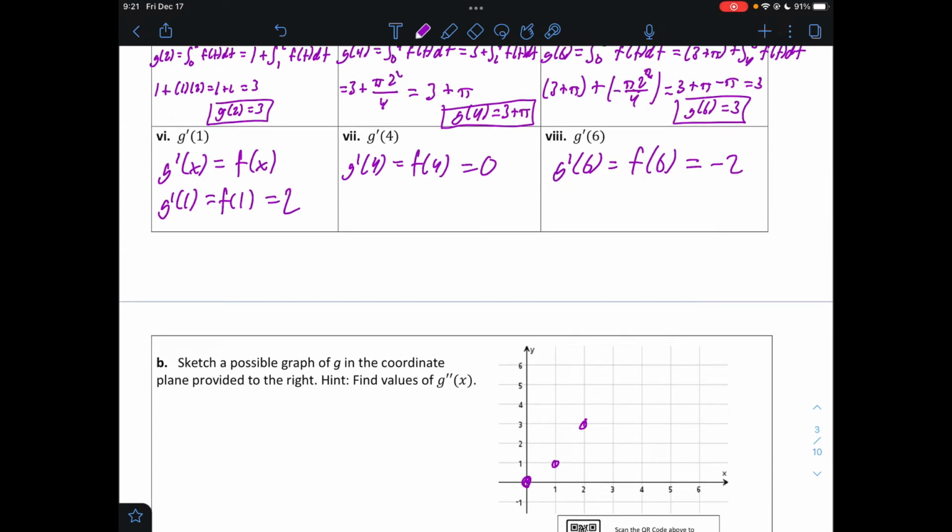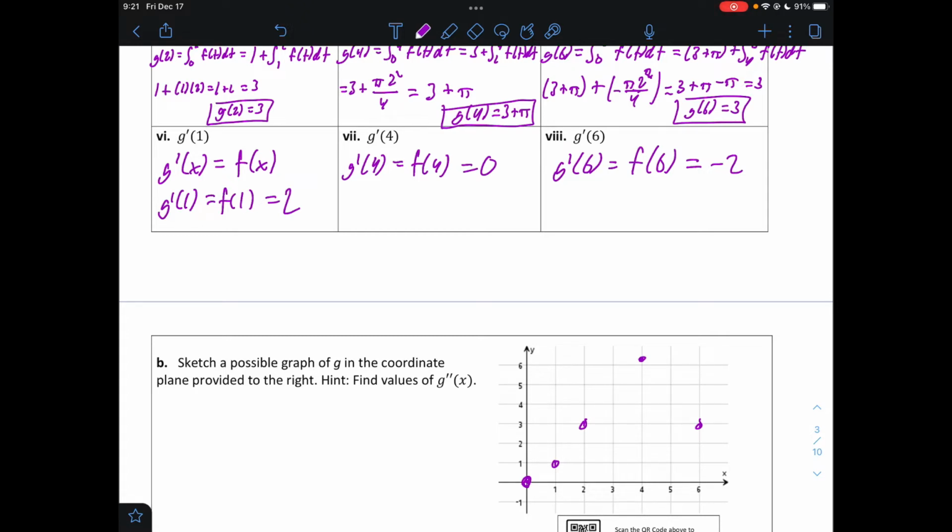G of 6 is also 3. G of 4 is 3 plus pi, so about 6.14. So g of 4 is right about there. Then we know the slope at 1 should be 2. The slope at 4 should be 0, so we should have a horizontal tangent line there. And the slope at 6 should be negative 2.